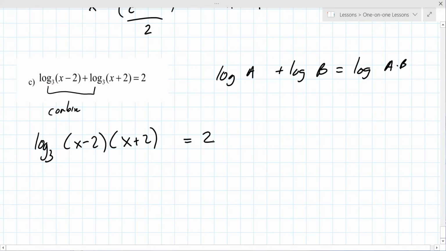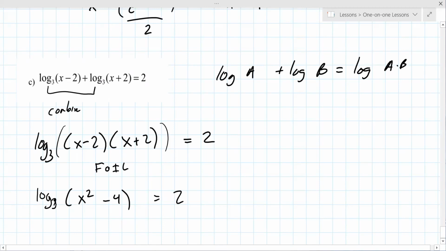You can FOIL this in here, or you can wait to do it later. I'm going to do it now. It's a difference of squares, so the outer and the inner terms are the same except they're opposite in sign. So it becomes x squared minus 4 equals 2.